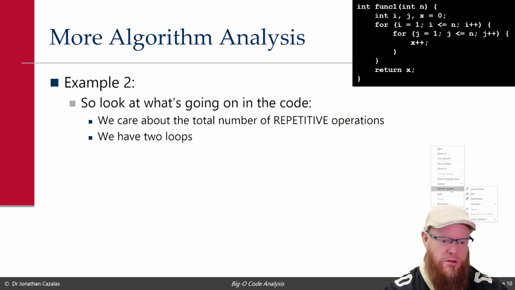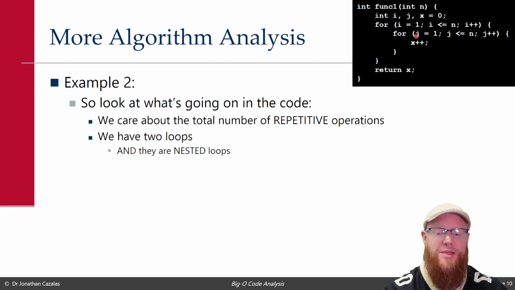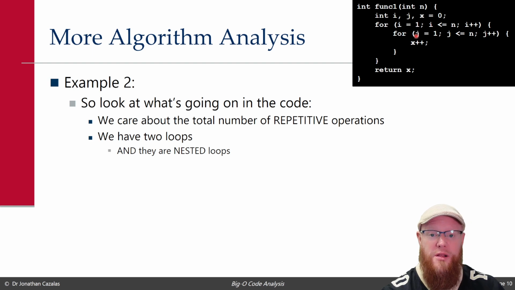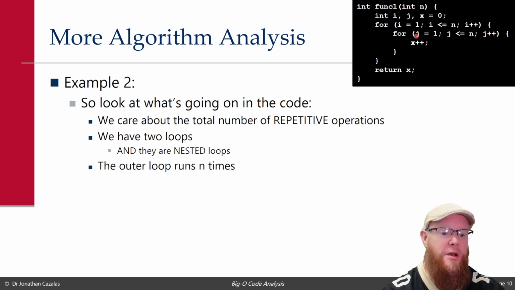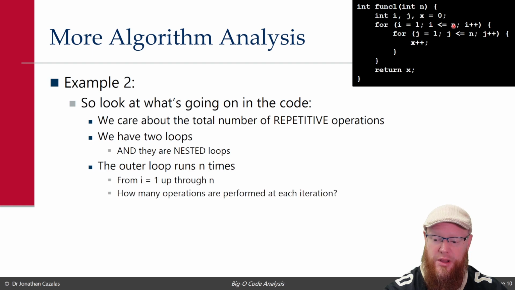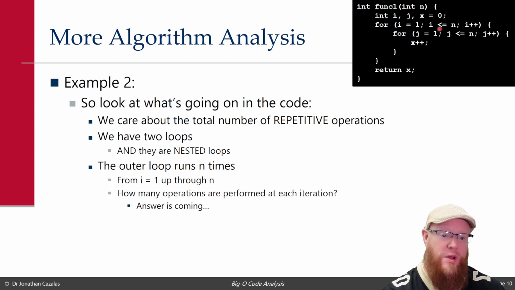Let me actually turn on the laser pointer. We have these two loops, and we can see that they are nested. One of the loops happens inside the other. This outer loop loops from I equals 1 all the way to less than or equal to n, including n. And how many operations are performed at each iteration? There's some consideration, right? You have to think about that. Well, this happens inside.